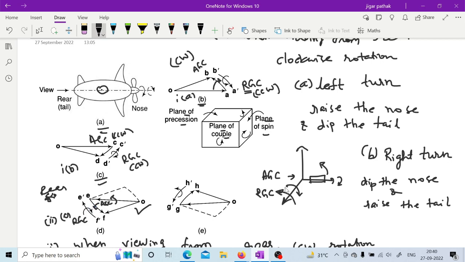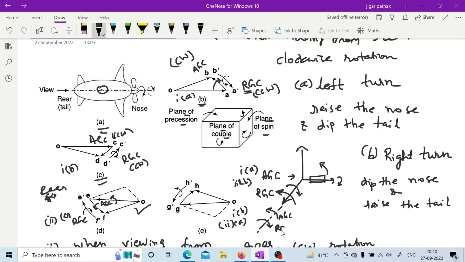As you can see, if I extend this, this is for 1A and let us say 2B, I guess both are same. Similarly, if you go for 1B and 2A, both are same. So for 2A, this particular active gyroscopic couple will be acting in this direction and reactive will be in this direction.